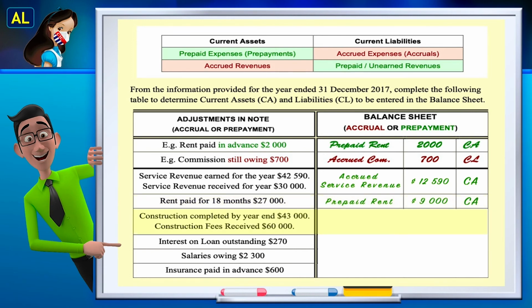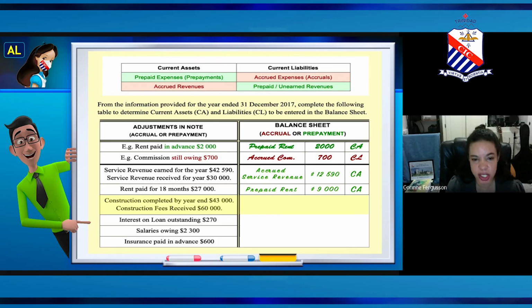Construction completed by the year end, 43,000. Fees received. So you see the received, which means it's revenue. And how much did you receive? 60,000. How much did you earn by completion? You earned 43,000, which means you received more than you earned.